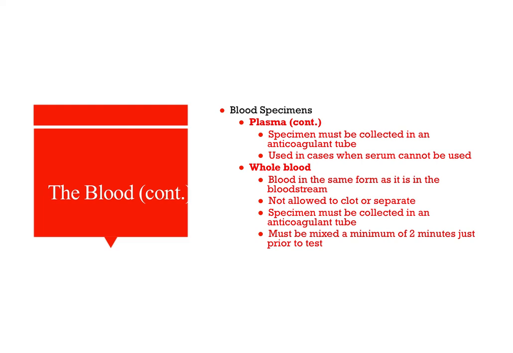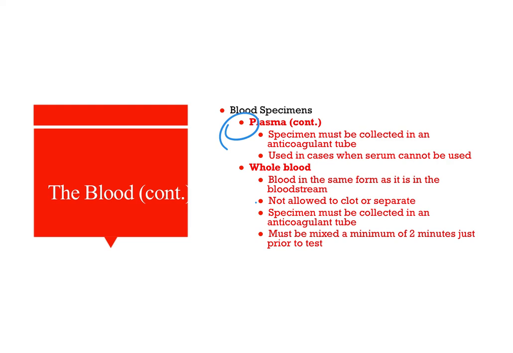So, whole blood specimens, very important to know, very important for your job, for your certification, for your test, is blood that is not allowed to clot or separate. We do not want plasma in this instance. We want a whole blood sample. So it must be collected in an anticoagulant tube. Now, if we've collected this and it's sitting in the tube rack, gravity takes over and those formed elements naturally fall to the bottom.